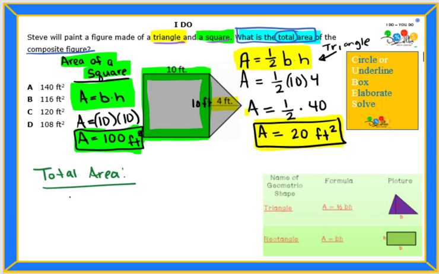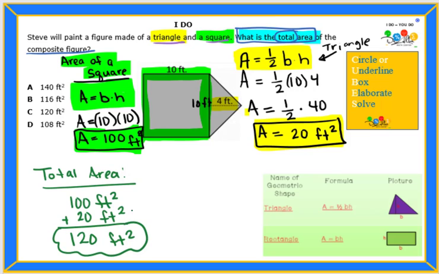We have 100 feet squared for the square, and we have 20 squared feet for the triangle. So together, that's 120 squared feet. This would be our total area.